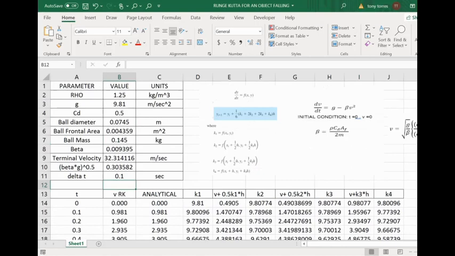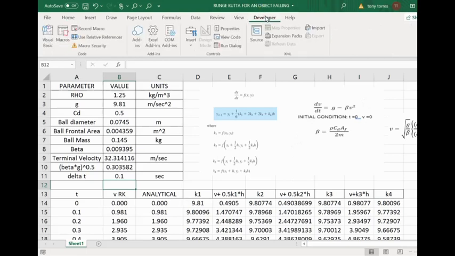All right. One thing that you might try in the future is, as you can see, this is kind of a long path to resolve this problem. Instead of Runge Kutta like this, you might go to Developer and add, for example, an equation using macros, or Visual Basic.